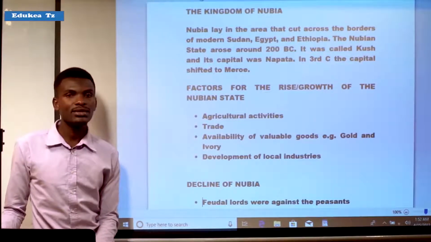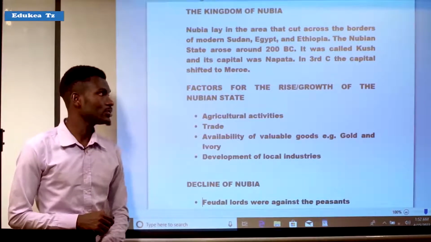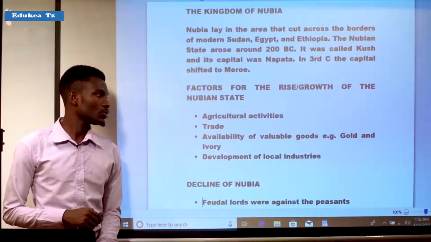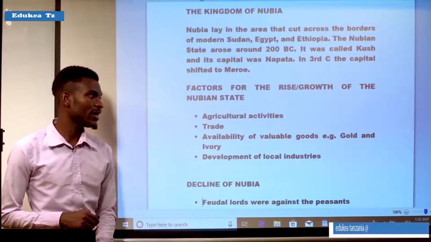But also another factor that led to the rise of the Nubian state was the availability of valuable goods, for example gold and ivory.